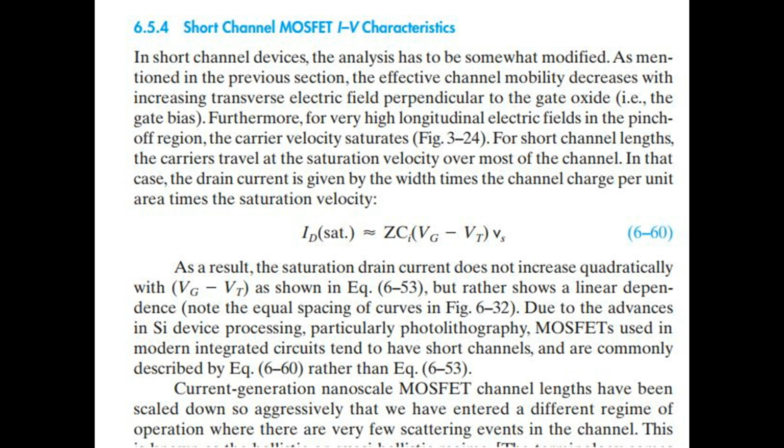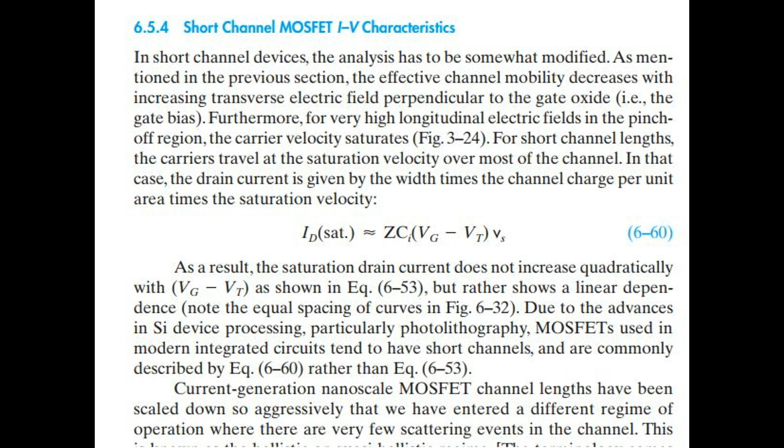In that case, the drain current is given by the width times the channel charge per unit area times the saturation velocity. As a result, the saturation drain current does not increase quadratically with Vg minus Vt, as shown in EQ 653, but rather shows a linear dependence. Note the equal spacing of curves in Fig 632.